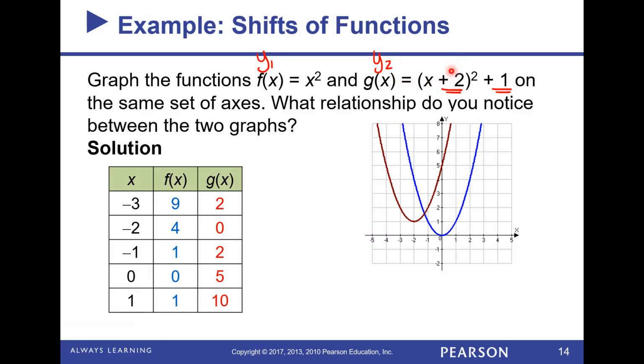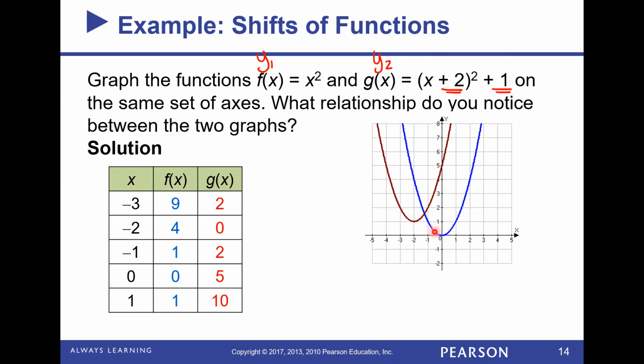Notice that +2 looks like it's inside some grouping symbol, and that +1 is outside the grouping symbols. Anything outside the grouping symbol is going to be some type of vertical movement, and anything inside the grouping symbol is going to be a horizontal movement. So outside is vertical, inside is horizontal. So +1 on the outside is a vertical movement.